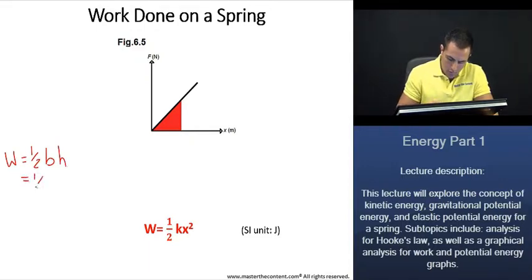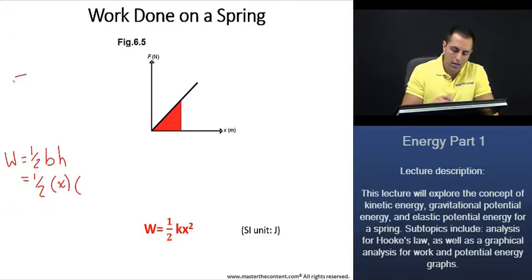And the base in our scenario here is just going to be the deformation, which is just x as such, and the height, as we see here, is just F.